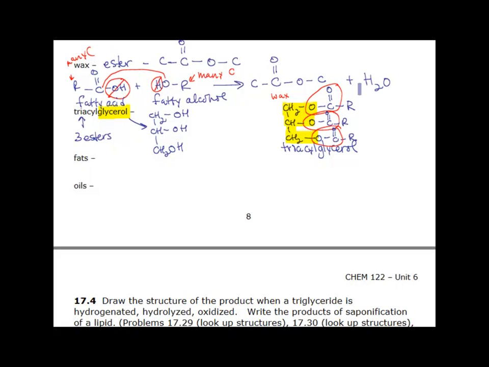Now these R groups, these carbons, they can be the same or they can be different. It depends on what triacylglycerol you're talking about. So I'm going to show you a picture of a triacylglycerol, and you'll see why I use abbreviations.